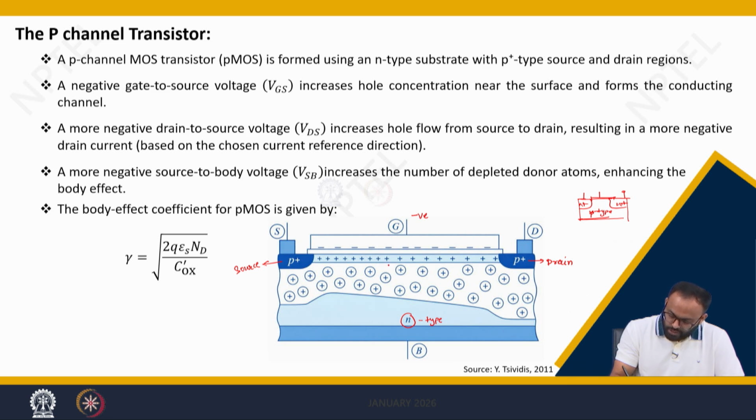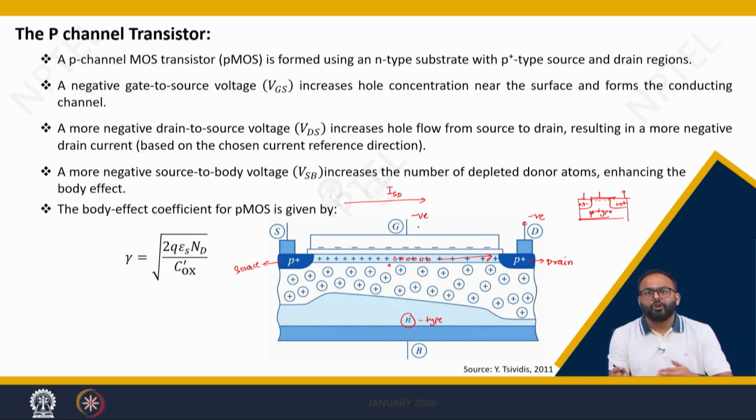This negative voltage will cause the holes to pile up. So the inversion region comprises holes in the p channel devices, not electrons, whereas in NMOS we consider that the electrons come near the surface and cause the inversion region. The current which flows is from source to drain, so ISD, because you are connecting a negative voltage here. This negative voltage will attract these holes and this gives rise to a current in the direction of holes, because the holes are positive charges.